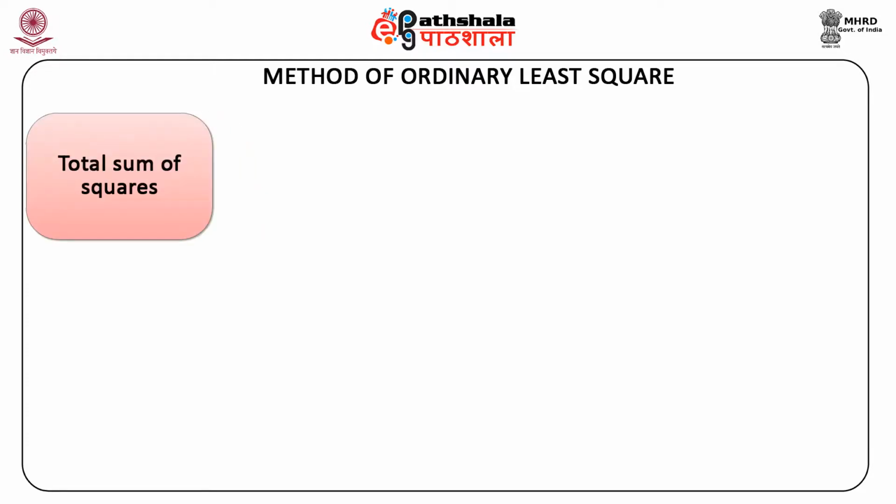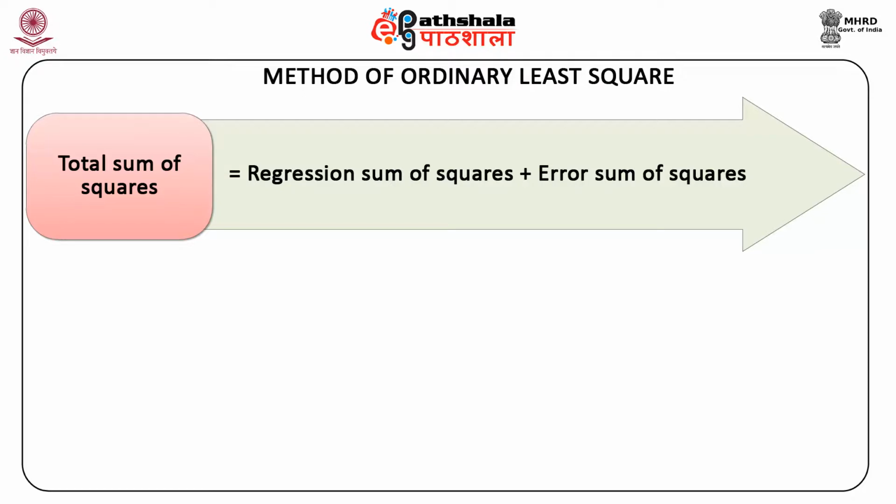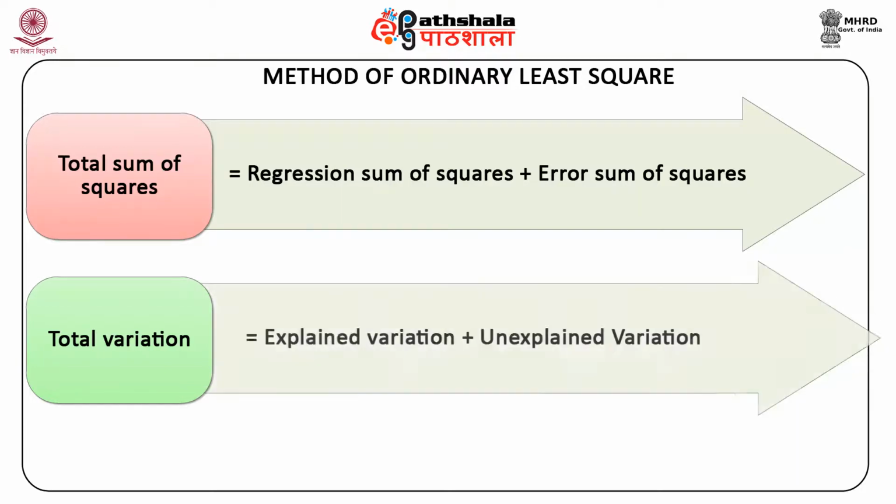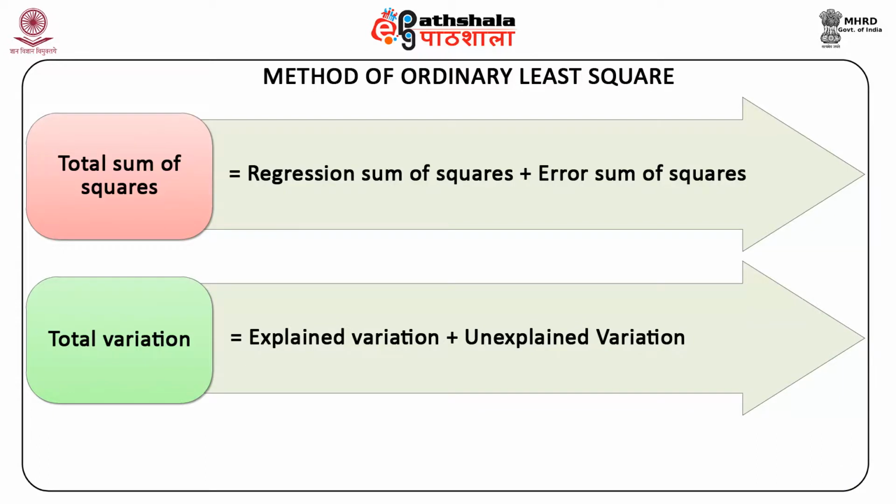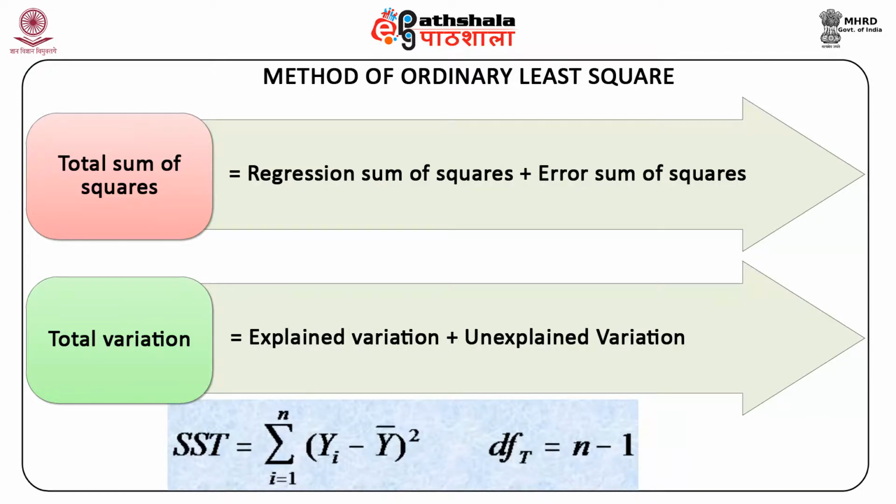Total sum of squares is equal to regression sum of squares plus error sum of squares. Total variation is the variation in the dependent variable values about its mean, which is equal to the sum of explained variation and unexplained variation. SST is equal to summation i varying from 1 to n (Yi minus y bar) the whole squared.